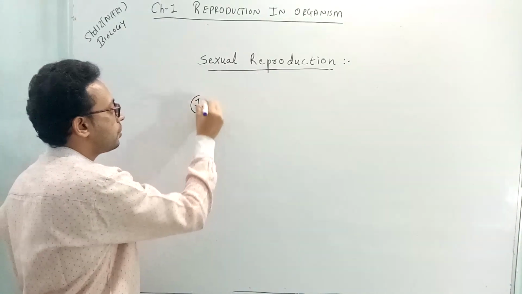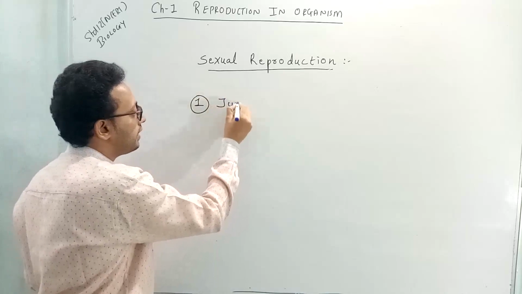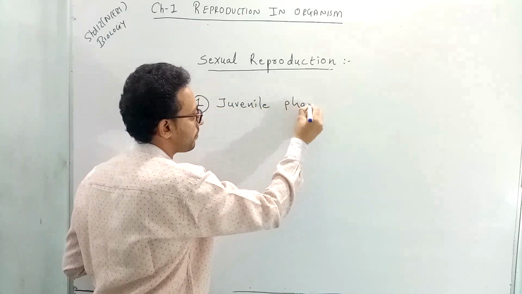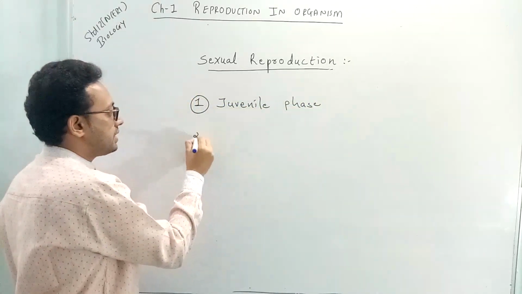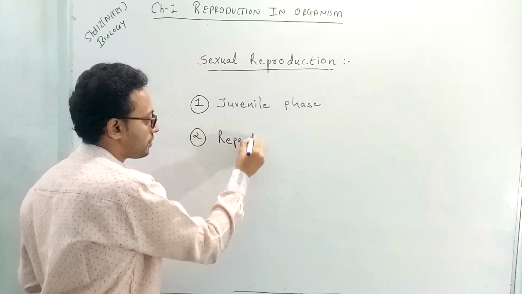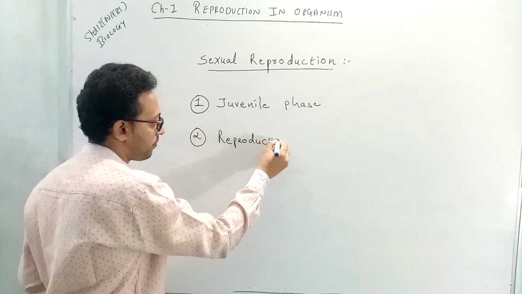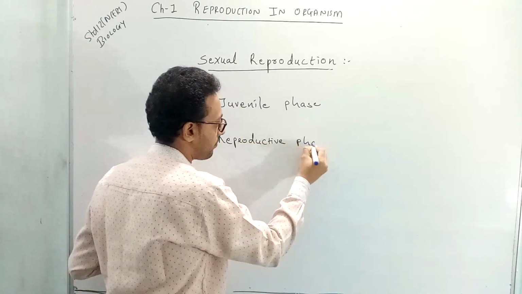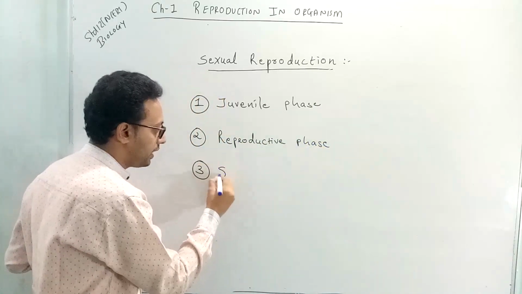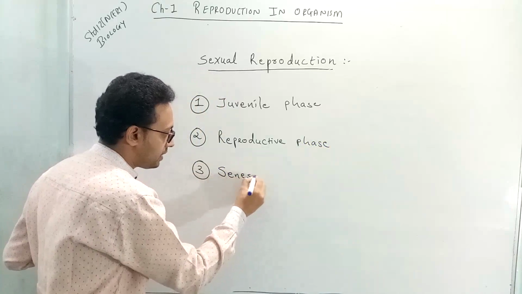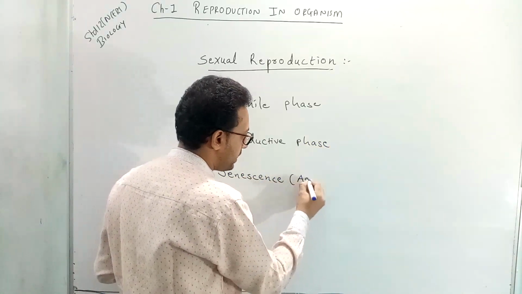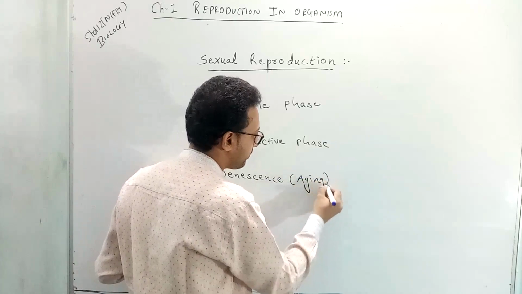First phase is called the juvenile phase. Second phase is called the reproductive phase. And the third phase is called senescence, or you can also call it the aging phase.